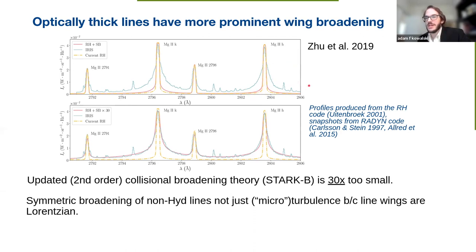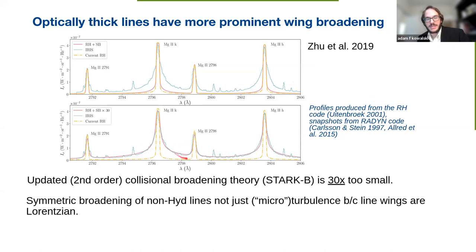So clearly important, but not enough to explain these really, really impressive wings in the magnesium 2 lines in the flare. So then Yingji got creative and multiplied the collisional broadening damping in these magnesium 2 lines by a factor of 30, just to see what we get. And that's shown in the bottom panel.